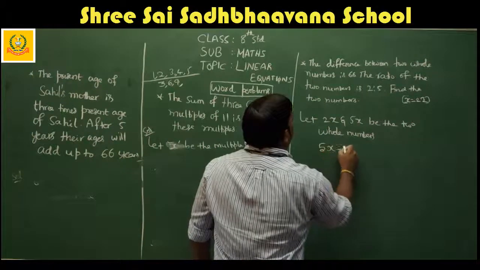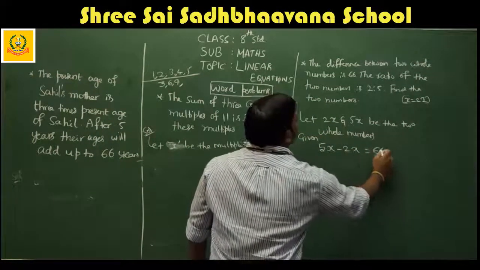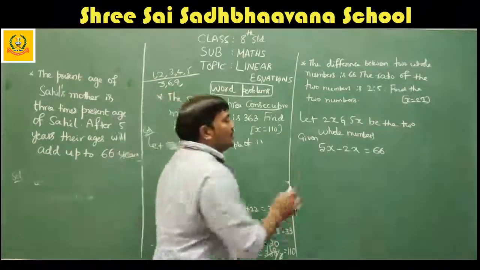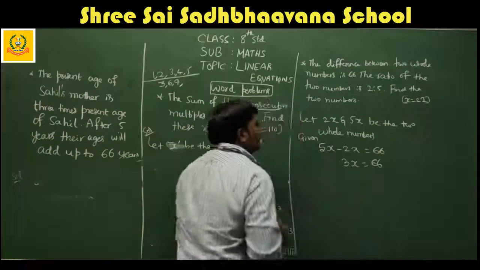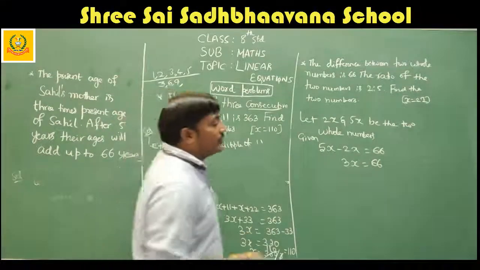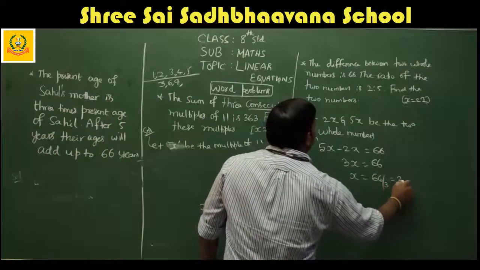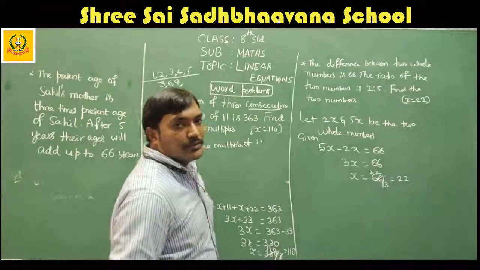So given 5x minus 2x is equal to 66, which is 3x is equal to 66. So x value is 66 by 3, which is 22.